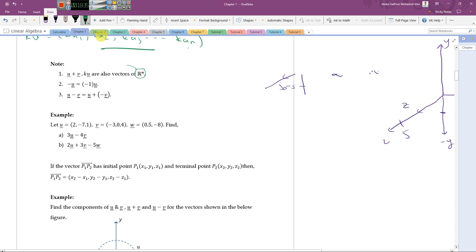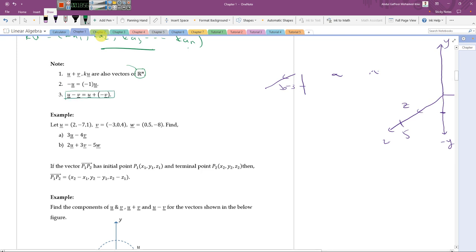So negative u is equal to negative 1 into u. This is nothing but negating the components of the vector u. Then u minus v is equal to u plus negative v. So we will be talking about this now.